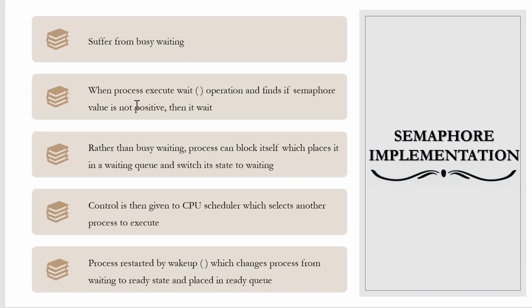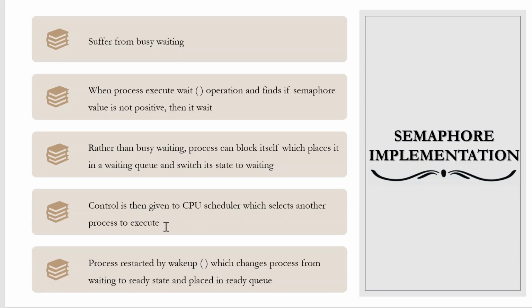When a process executes the wait operation and finds that the semaphore value is not positive, it must wait. However, rather than busy waiting, the process can block itself. The block operation places the process into a waiting queue and switches it into the waiting state. Then control is transferred to the CPU scheduler, which selects another process to execute.